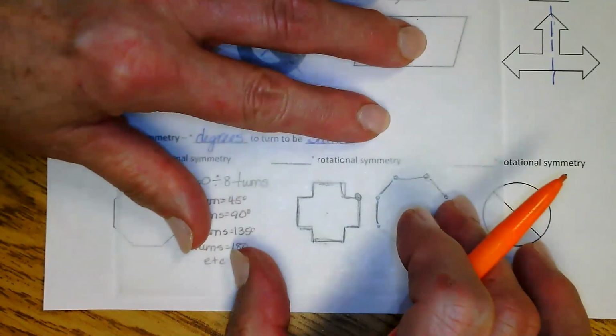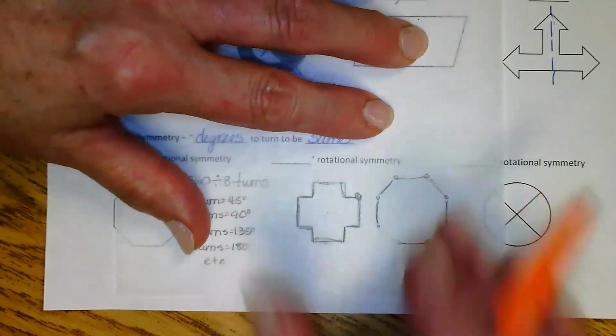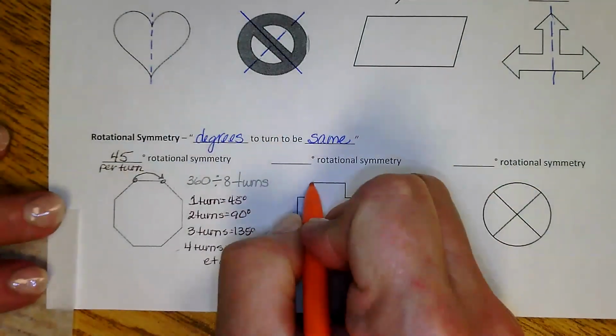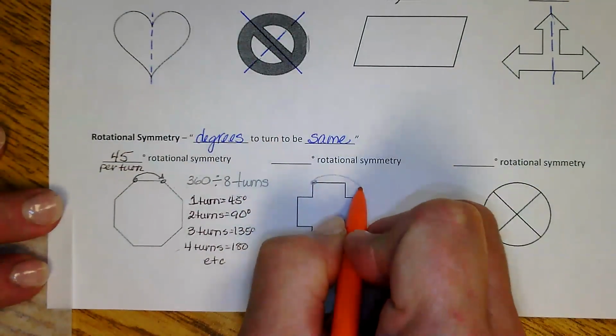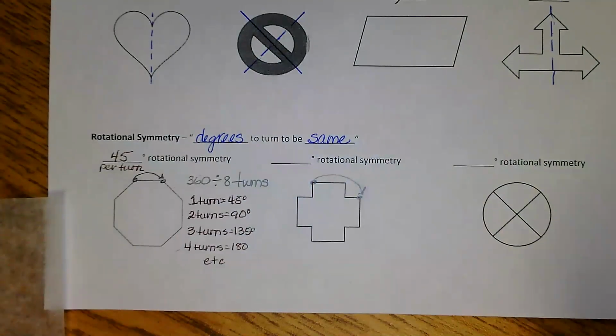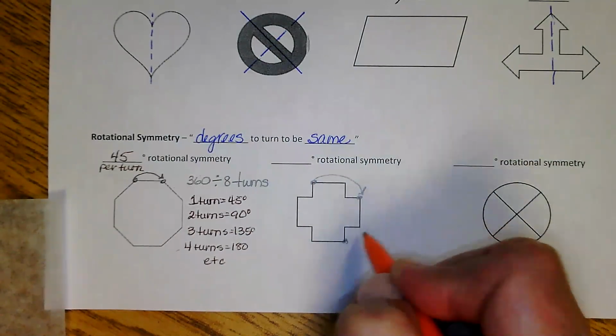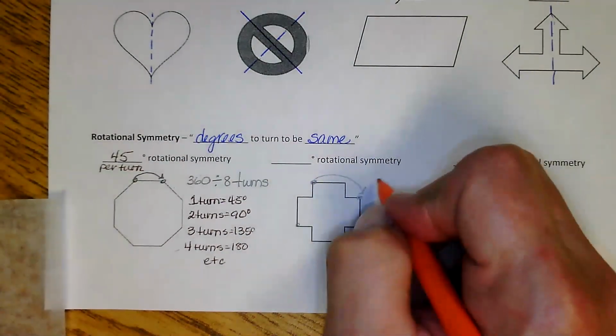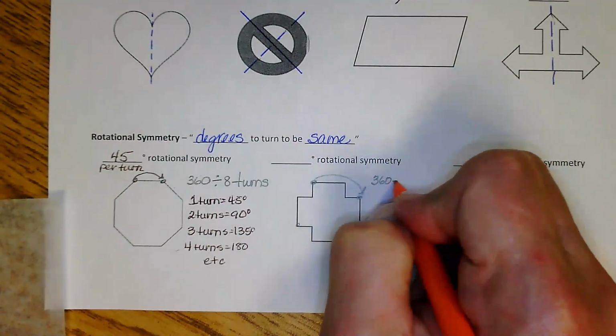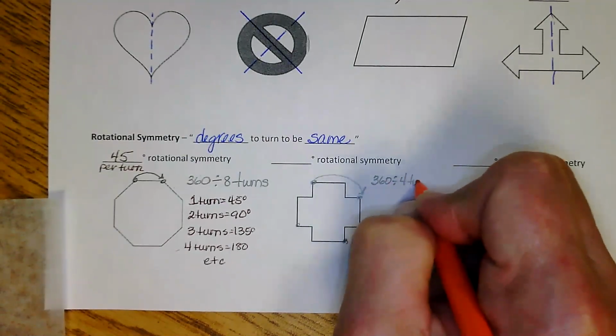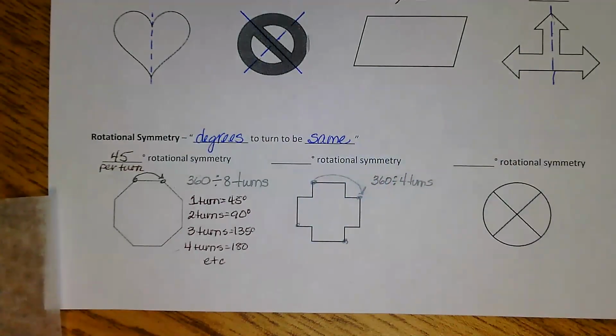But I can see it's going to line up here. Huh. So this corner turned all the way around to this corner. How many times can you do that? You're right. 4. So 360 divided by 4 turns that I can make.